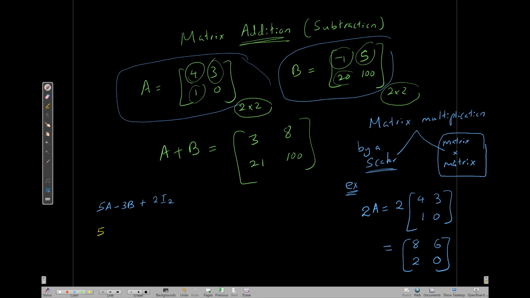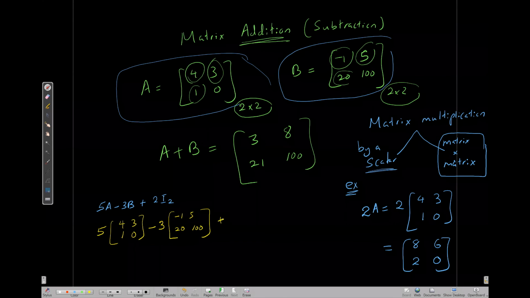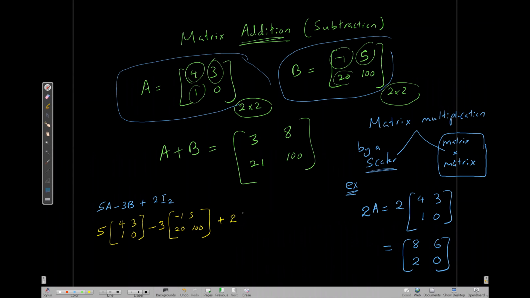So 5 times A, you write down your A, 4, 3, 1, 0, minus 3 times your B, -1, 5, 20, 100. And I really recommend you write it down like this without trying to do it in your head if you are a beginner. 2 I2 is 1, 0, 0, 1. And then term by term, 20, 15, 5, 0.